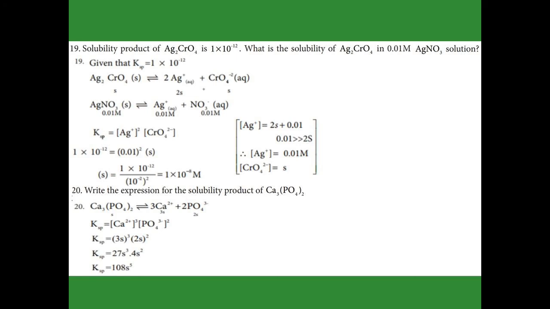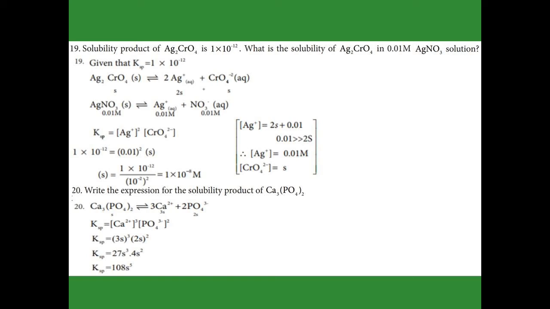Now the molar solubility for calcium phosphate is S, because it is only 1 mole. In front of the calcium phosphate there is no number, which means it is 1 mole, so we put S. In front of calcium 2 plus there is the number 3, so 3S, and phosphate has 2 moles, so we put 2S for phosphate.